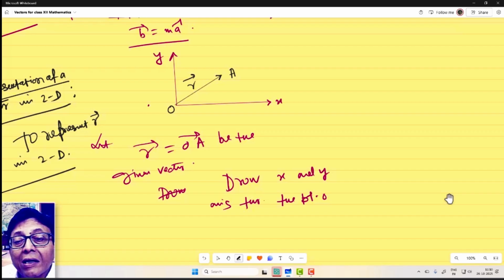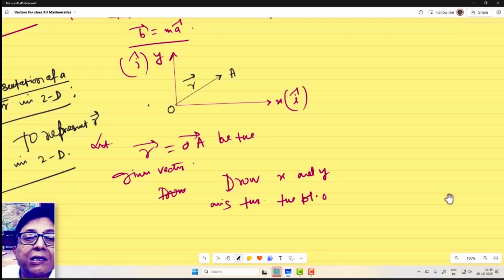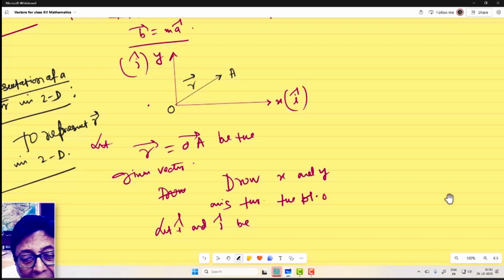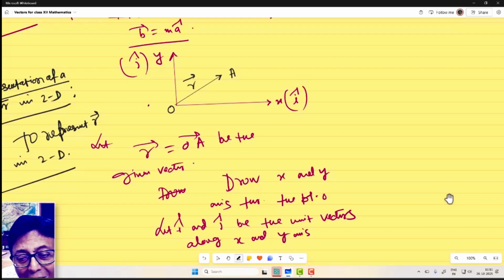You imagine that i cap is the unit vector in this direction, j cap in this direction. Okay? Let i cap and j cap be the unit vectors along x and y axis. So all these we have understood.